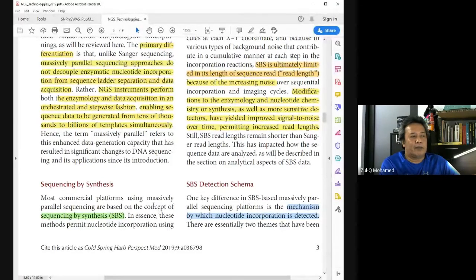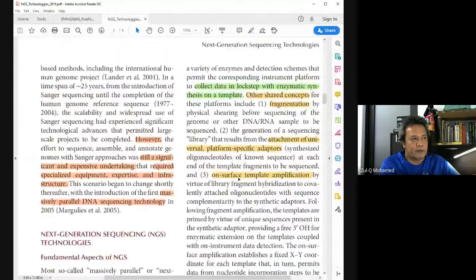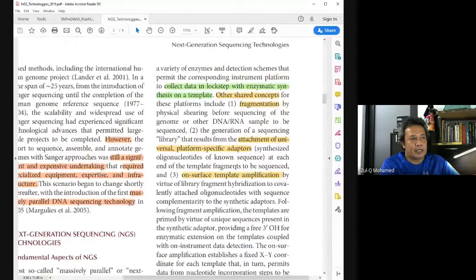In essence, this method permits nucleotide incorporation by a variety of enzymes, with detection schemes that permit the corresponding instrument platform to collect data in lockstep with enzymatic synthesis. That's just a fancy way of saying you do one reaction, you detect. You do one reaction, you detect. They lock it there, so they need to control that step.